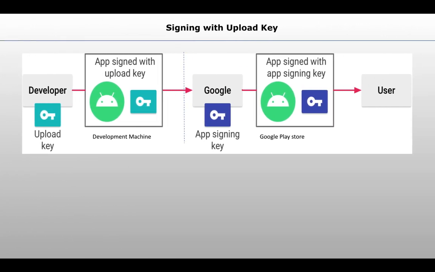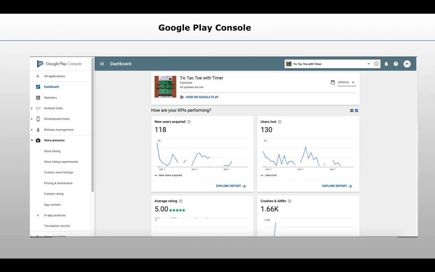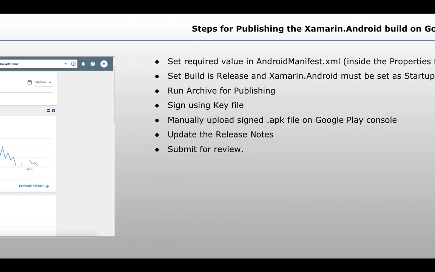Then we will talk about Google Play account setup, upload key, and signing key, and we'll set up our own Google Play Store with the help of Google Play Console, where we will have credentials, what things need to be set, how the values will be reflected in your store, and what the customer or user will see when you publish the app.